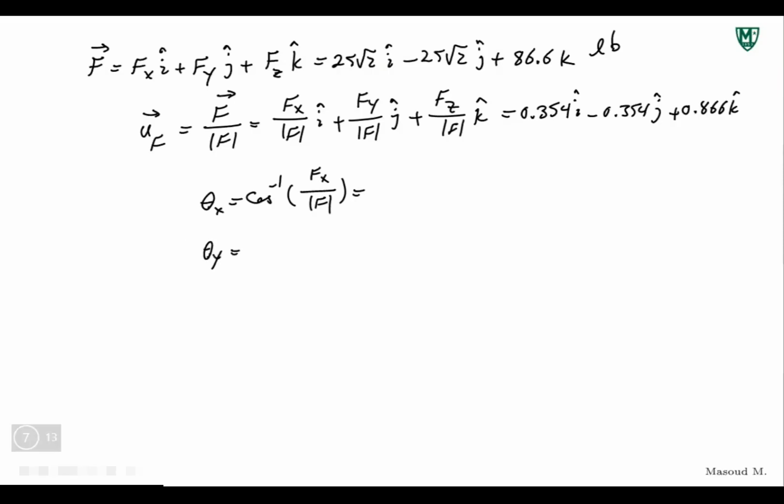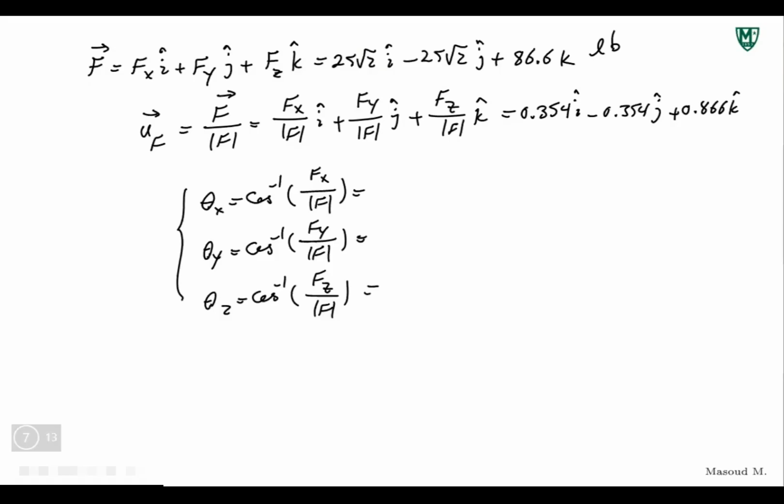Theta y is cosine inverse of fy divided by magnitude of f. And theta z is cosine inverse of fz divided by magnitude of f. So these are going to be the angles.